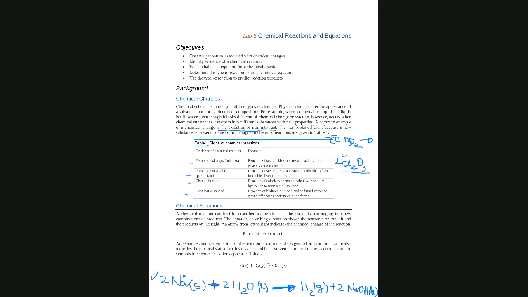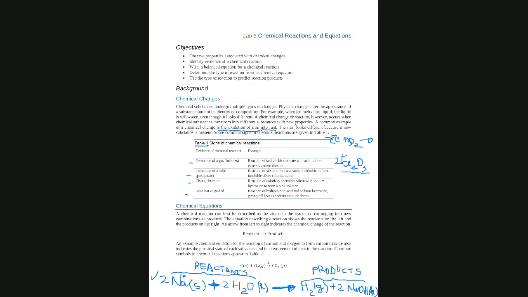We'll go over a little bit more about that, but I want you to know that these are the reactants, and what is on the right side is the products. And the arrow separates both.